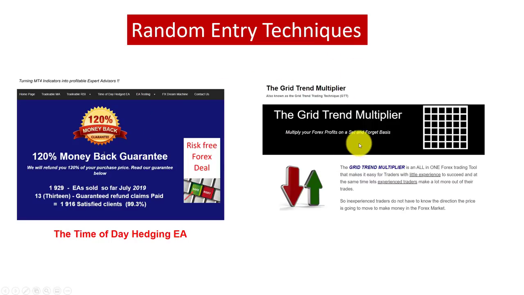The grid trend multiplier is also an example of random entries. This particular indicator uses a grid system and enters a buy and a sell at the same time, and over time again it is successful. So those are small examples of random entry techniques.